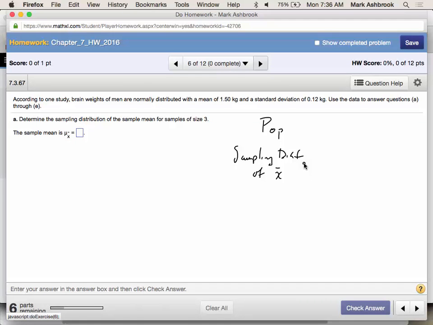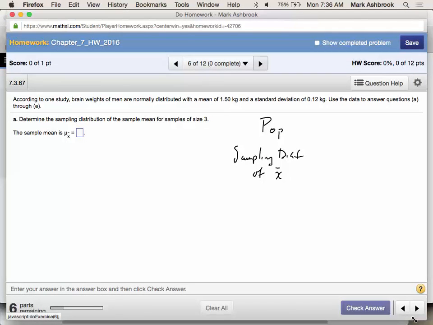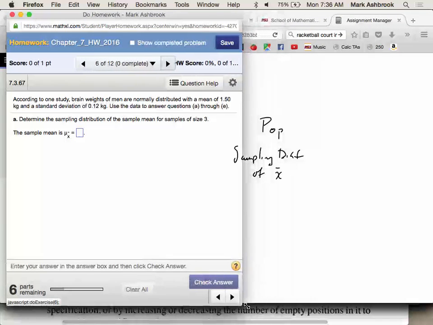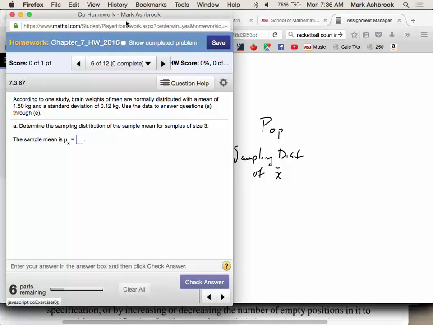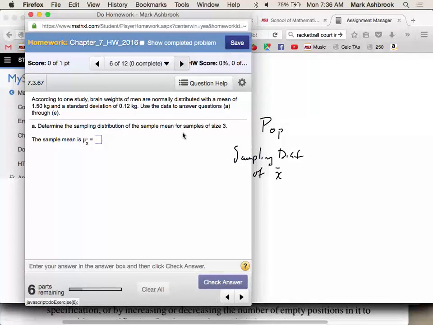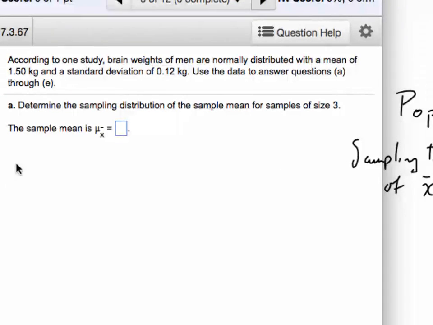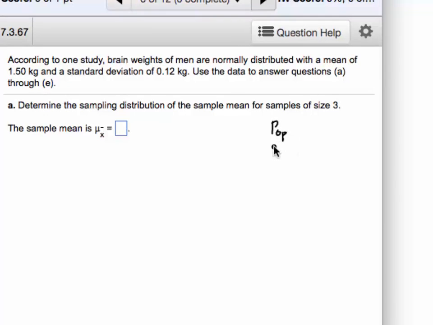And so for this problem, we have the population, and then the sampling distribution of means.